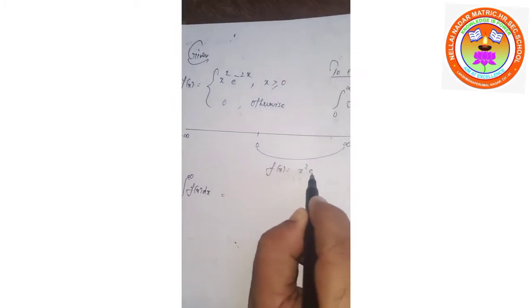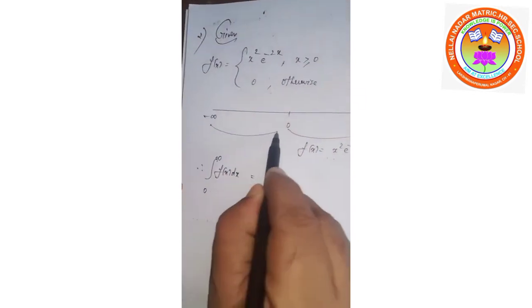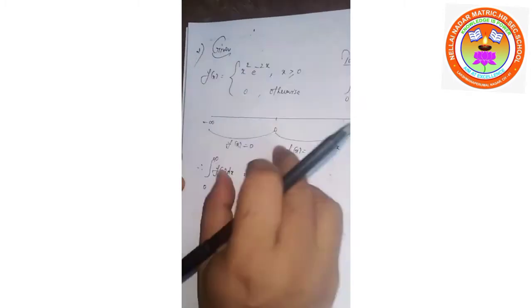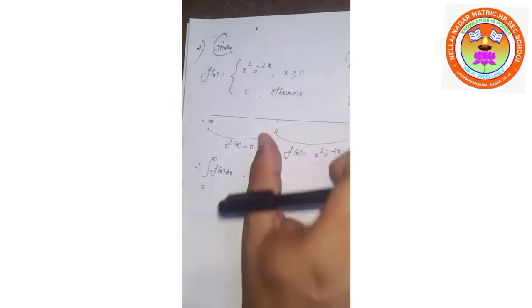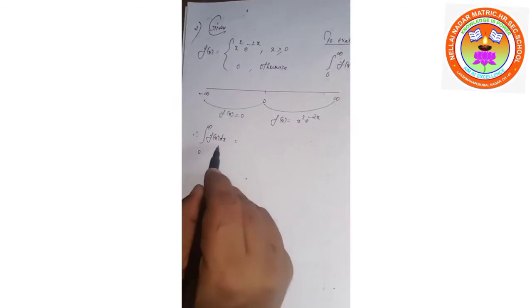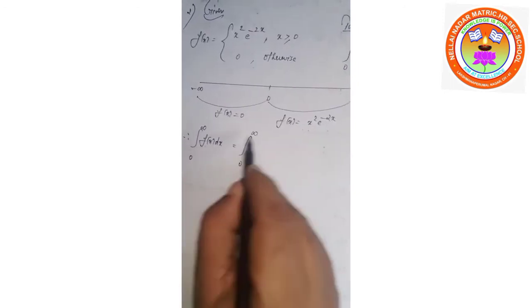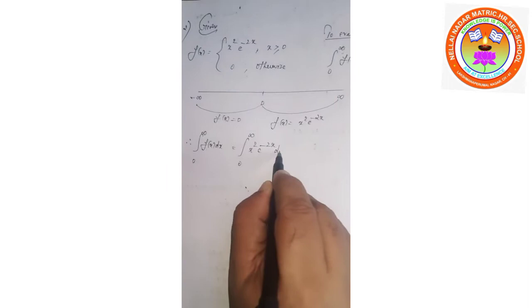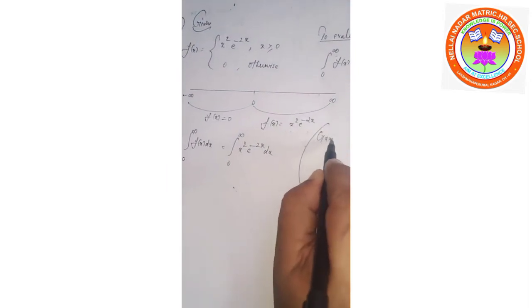X square into e power minus 2x. Otherwise means in this interval f of x equals 0. You need not consider this interval because the f of x value is 0. You have to consider this interval only. So 0 to infinity f of x dx, here it is x square into e power minus 2x dx. So we can apply the gamma integral.